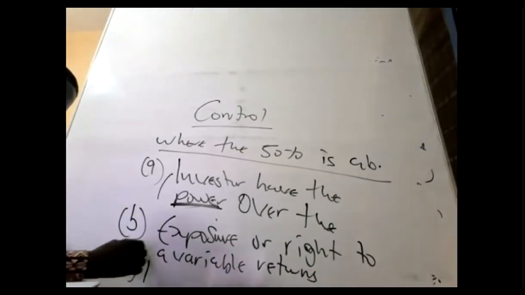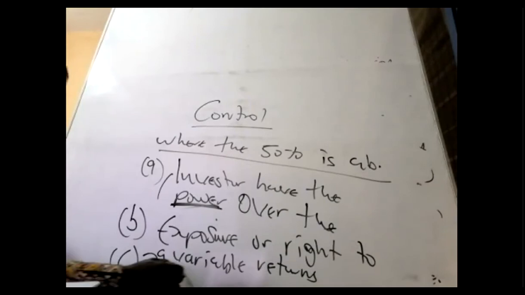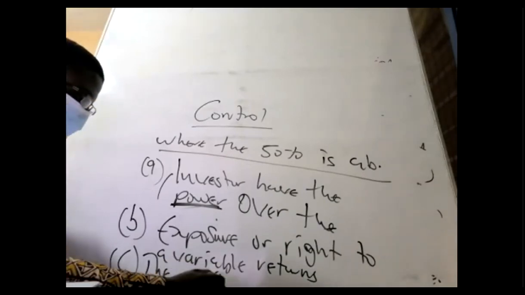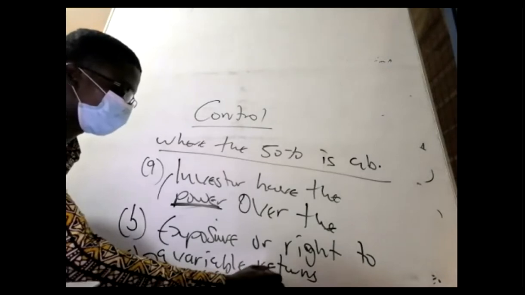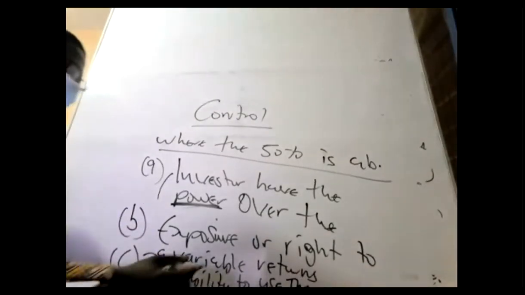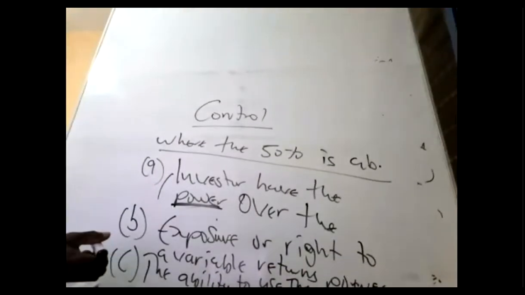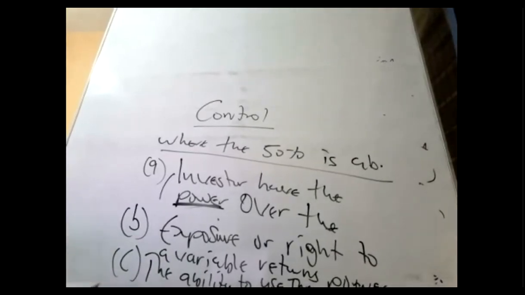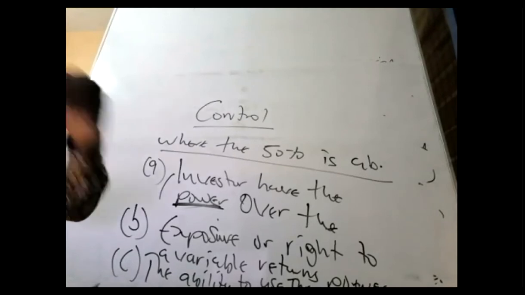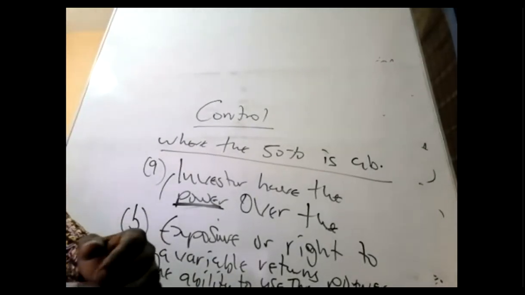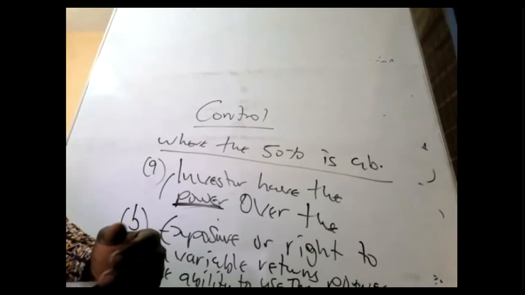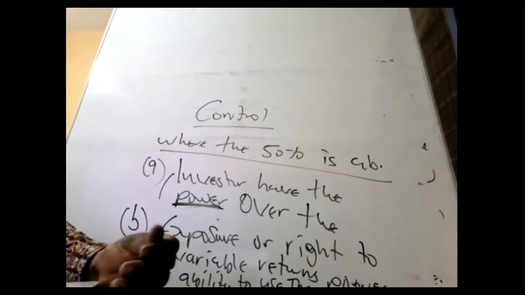So the last point will be the ability to use the power over the investee to affect the amount of the investors' return. That is all.